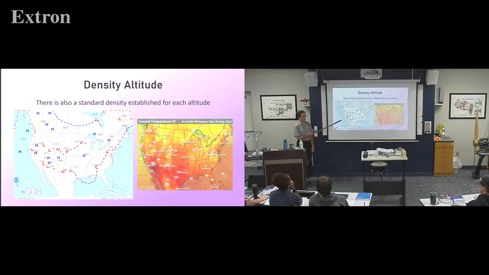Snapshots of today's weather. This was from last year. But here we've got high pressure systems, low pressure systems, all kinds of stuff going on, all kinds of very non-standard temperatures. So density altitude is hardly ever what the standard is.